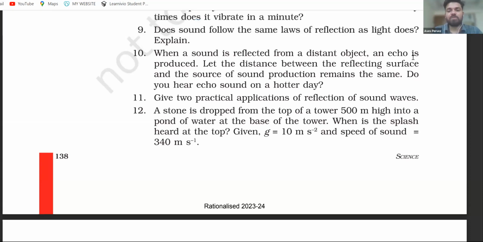A stone is dropped from a tower of 500 meters into a pond of water at the base of the tower. What does this mean? Okay.